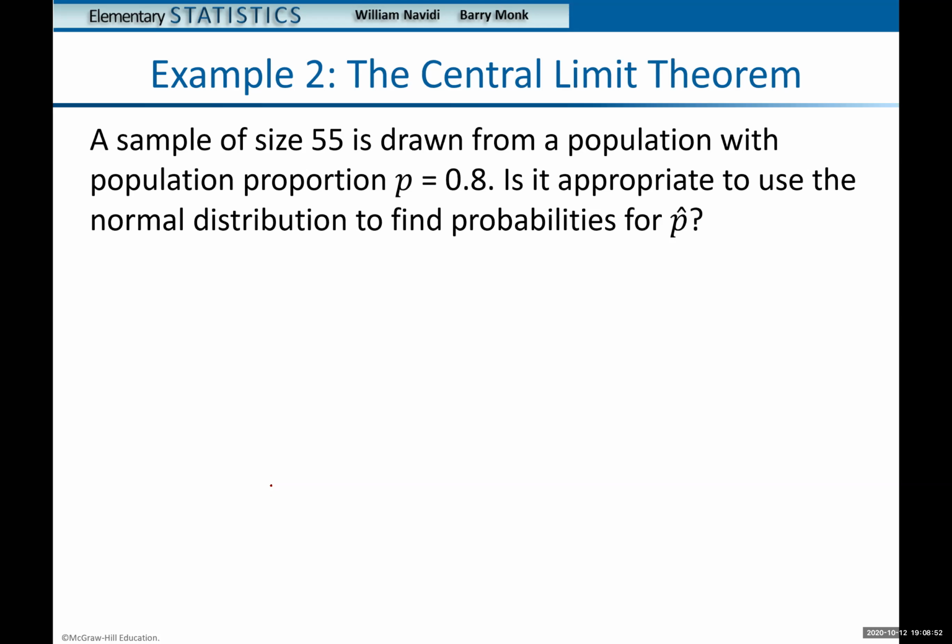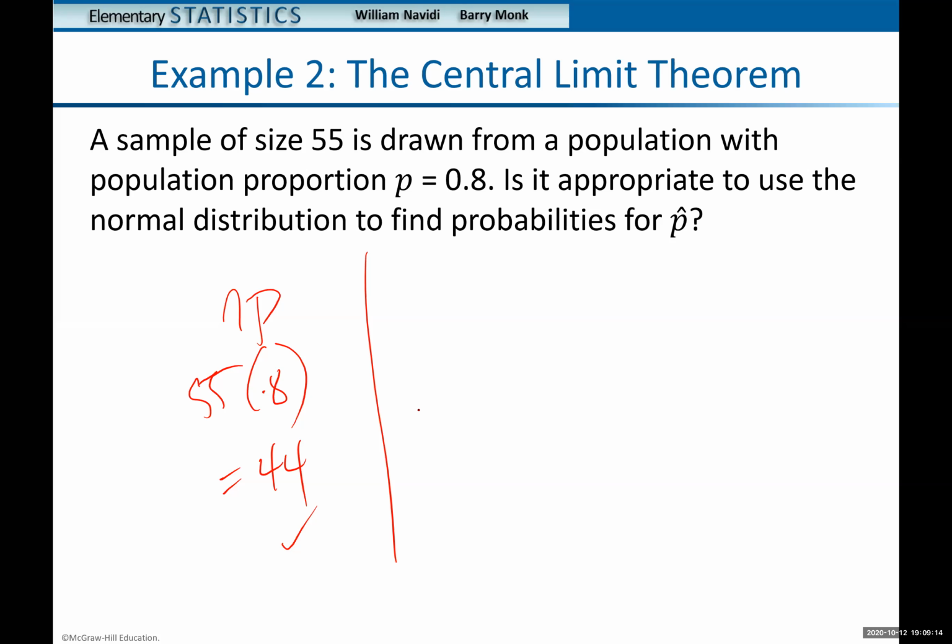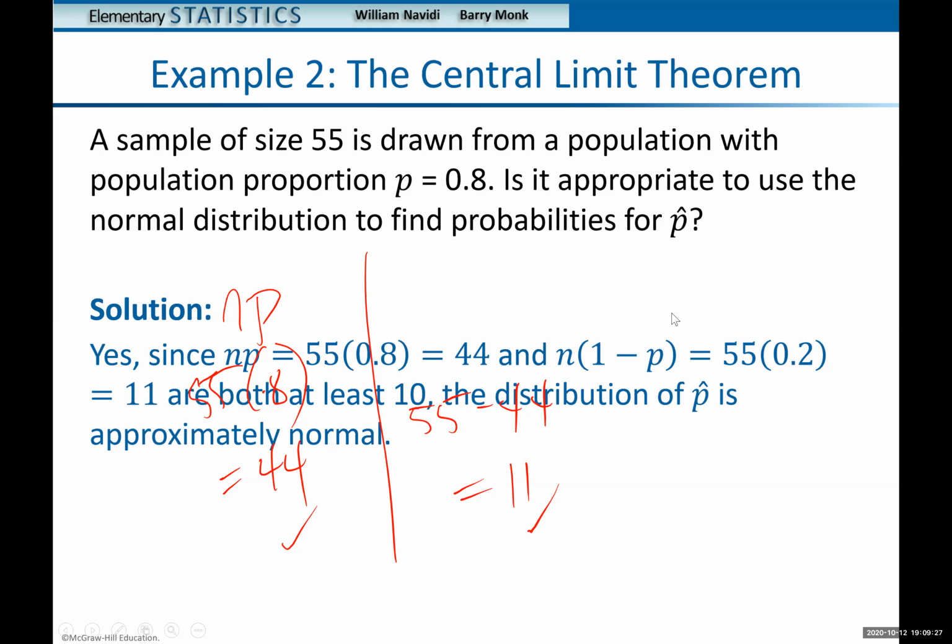So n times p, 55 times 0.8 is 44, so this is a yes. For the other one, 55 minus 44 is equal to 11. That is also at least 10, right? So the answer is yes, 44 and 11.